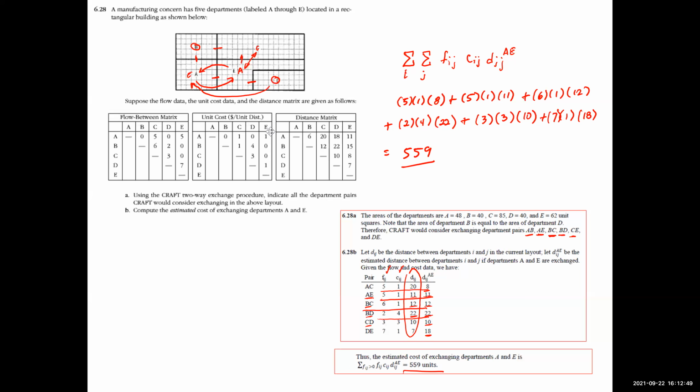You will tell me, yes, it is a better layout because it's reducing the cost. If it is more than 650, then it's not, right? So that's the idea. You compare these possible swaps and then you choose the one that gives you the best performance. Okay. And I think that's the last problem. So I just want to know, do you have any questions?